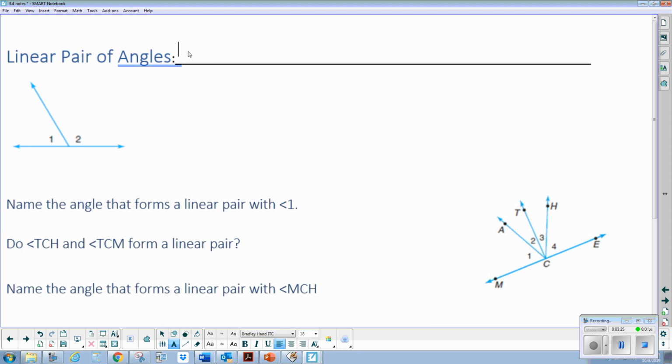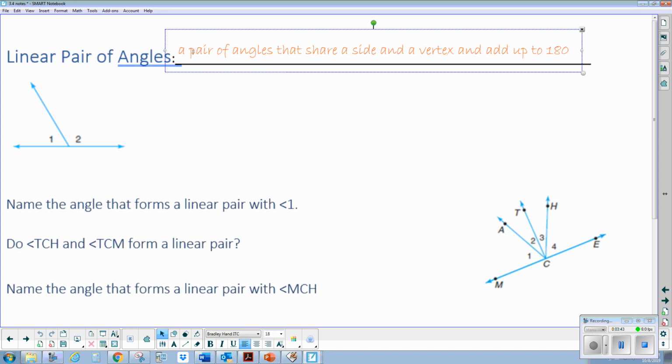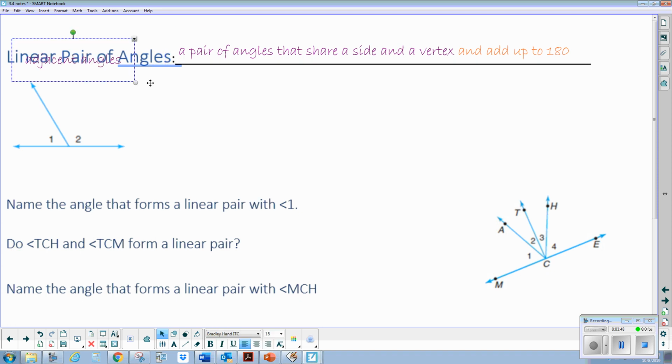Let's look at our definition of a linear pair of angles. A linear pair of angles, we said, were a pair of angles that share a side and a vertex and add up to 180. The first part, a pair of angles that share a side and a vertex, is the definition we just gave for adjacent angles.